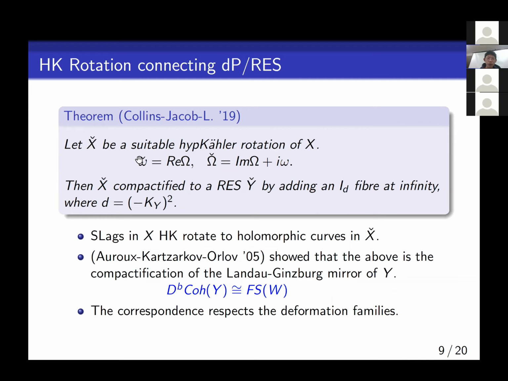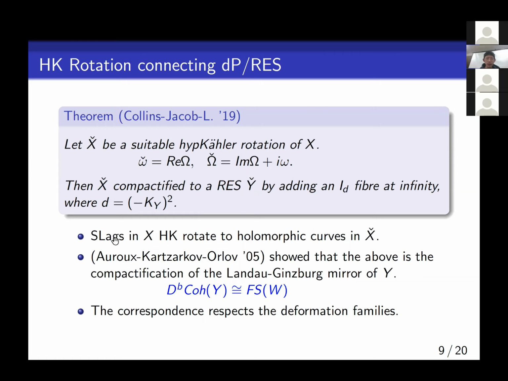I will use the real part of capital Omega, the holomorphic volume form, as my new symplectic form, and I will use this combination of two forms as my new holomorphic volume form. That will give me a new complex structure on this underlying space of X, which I'll call X check.